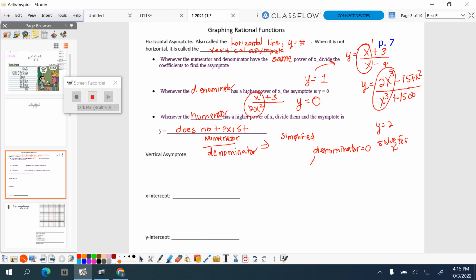It's going to be x equals some number, and it's a vertical line.